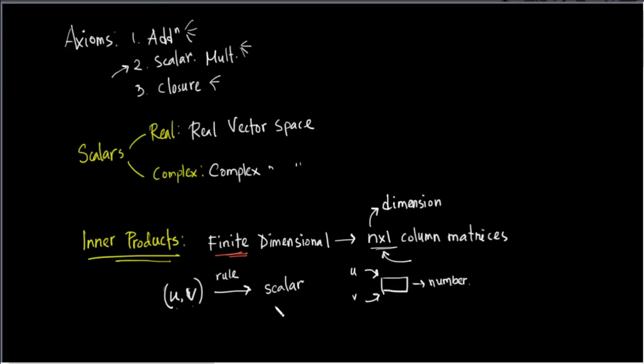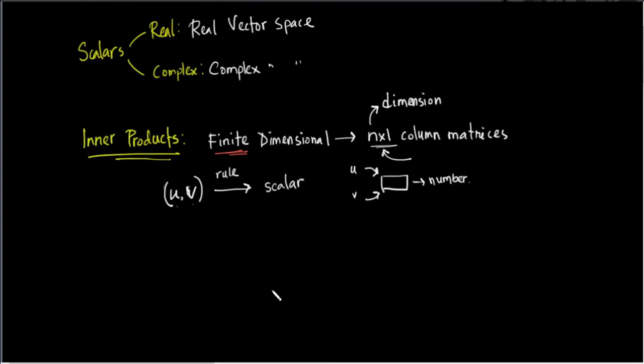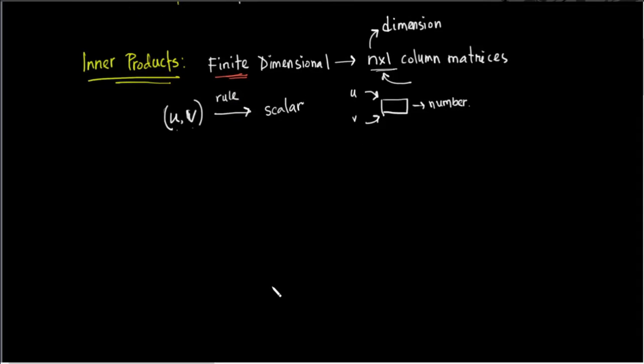Actually, you have been using inner products for a very long time. The dot product in vector algebra that you have been using since the time of your HSC studies is actually an inner product.